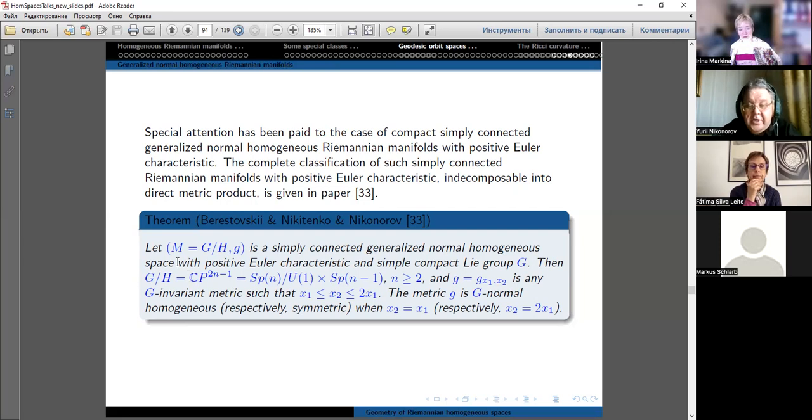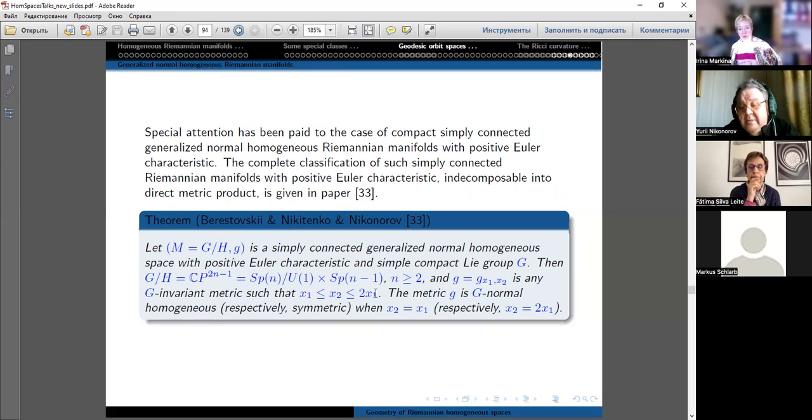We have a classification in positive Euler characteristic. You see the same families as in the theorem about classification of geodesic orbit spaces, because it's a partial case of geodesic orbit, but with the most serious restrictions on the parameters of the metrics.